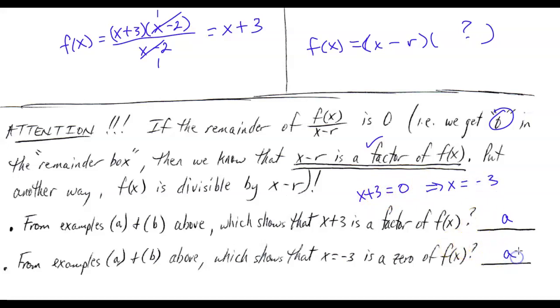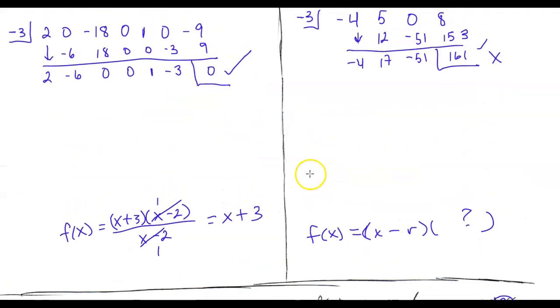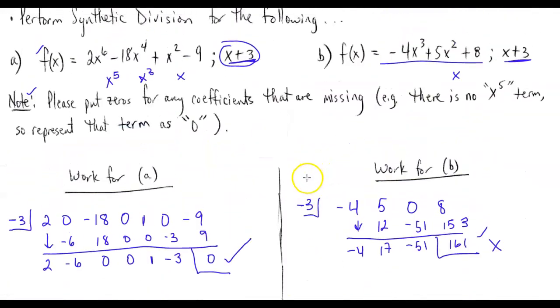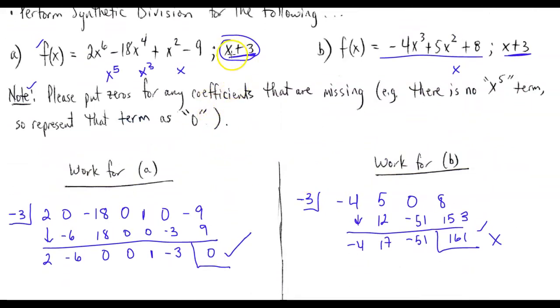So example A is also implying that x equals -3 is a zero of the polynomial. What we are essentially seeing is that if x plus 3 is a factor, then if I take this polynomial and plug in -3, the result would be 0.